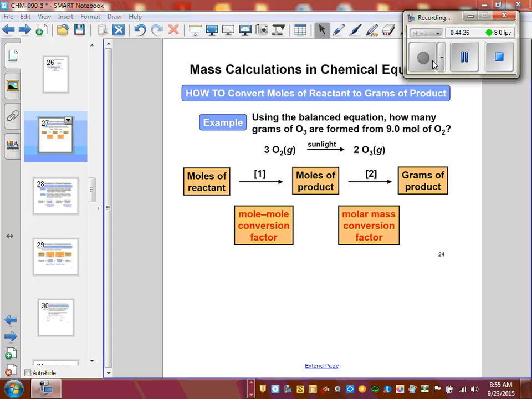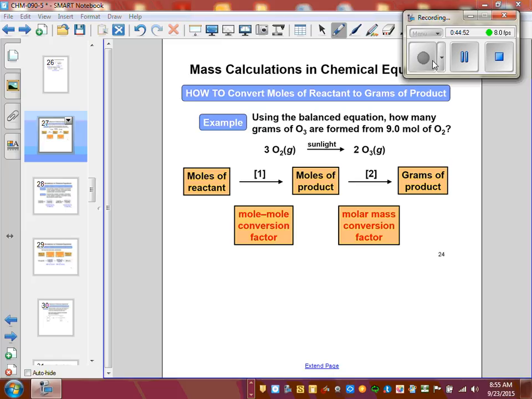What information are we given? Moles of O2. So we're going to call that moles of A. It's the first compound we're looking at. We're going to call it A. We have two choices, A and B. Doesn't really matter which one you choose, but I always choose A.